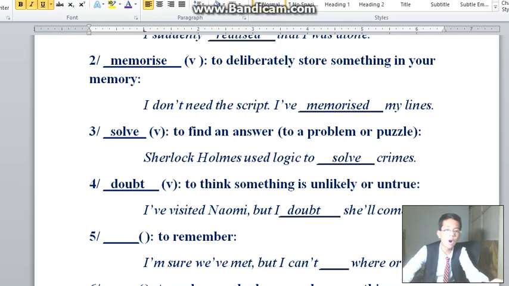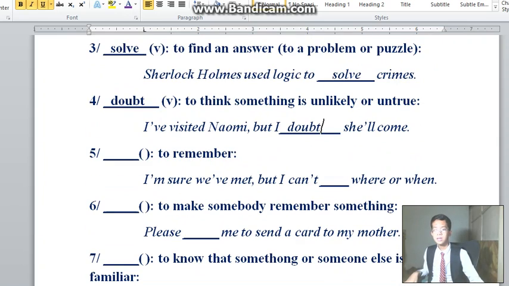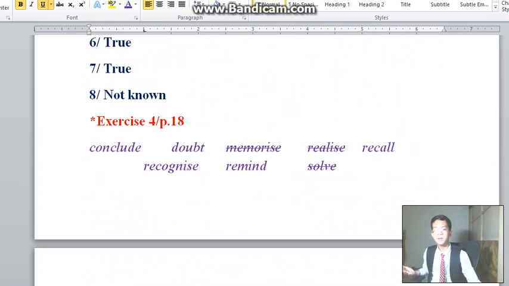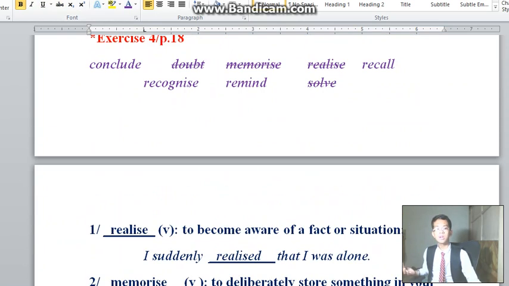Do we have to form it in any different form? No, because it is present simple. Okay, so number 5 will still remain conclude, recall, recognize, and remind.